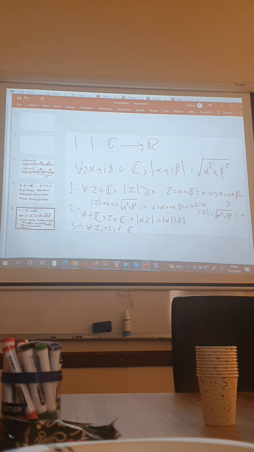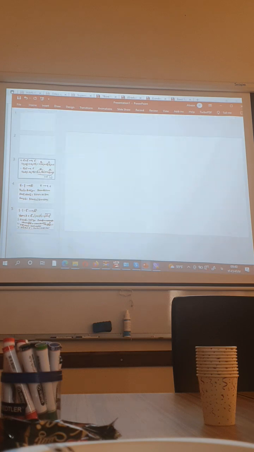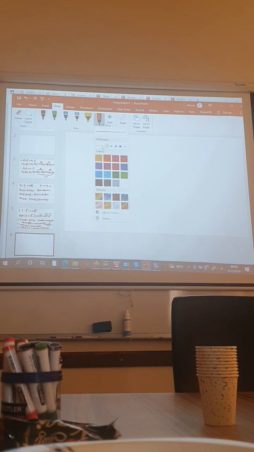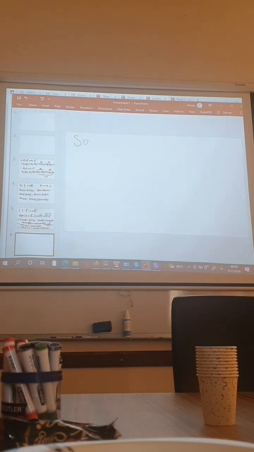The norm of z1 plus z2 is less than or equal to the norm of z1 plus the norm of z2. You can check these two properties easily, okay? So that we can say that the complex numbers with these function norms is a normed space, okay?